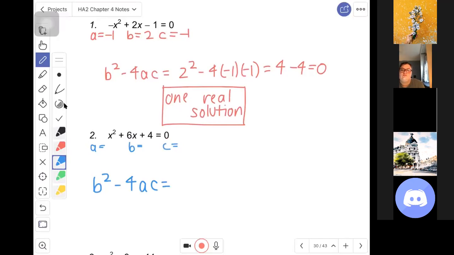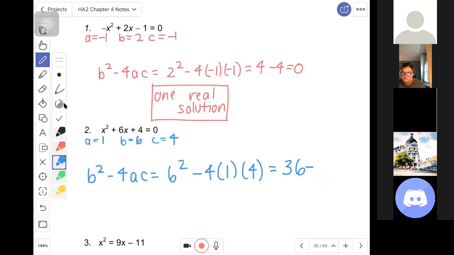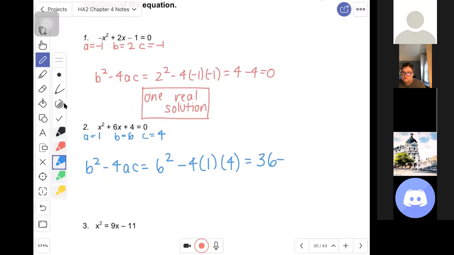Leah, what did you say A, B, and C are for number 2? I said A is 1, B is 6, and C is 4. Awesome. So then we get 6 squared minus 4 times 1 times 4. So then this is 36 minus what? 16. Yeah.